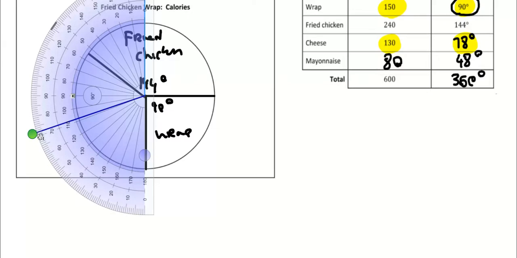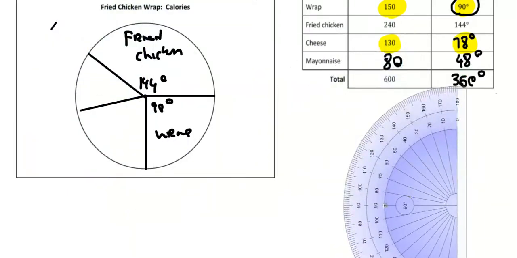So I'm going to go towards 78 there, out there, and then I'm going to join it in the middle, like so. And that one's 78, isn't it? And what do we get there? Cheese. And then finally the last one is what? When we add them all up together, 48 and mayo. I'll just call it mayo. And we're done.